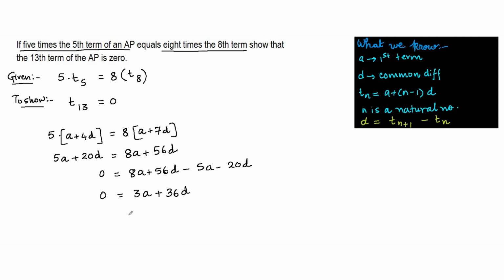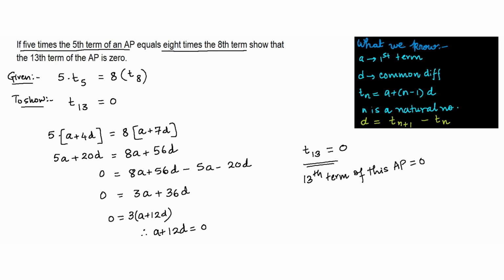And now dividing throughout by 3, I get 3 times a plus 12d is equal to 0. And therefore, a plus 12d is equal to 0. Now, what is a plus 12d? A plus 12d is the 13th term. That is, T13 is equal to 0, right? And that is how we prove that the 13th term of this AP is going to be 0.